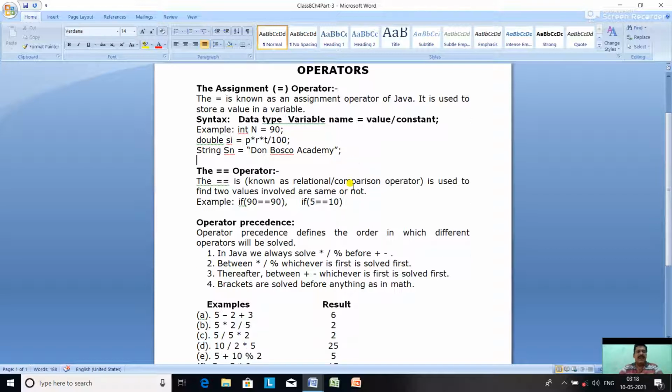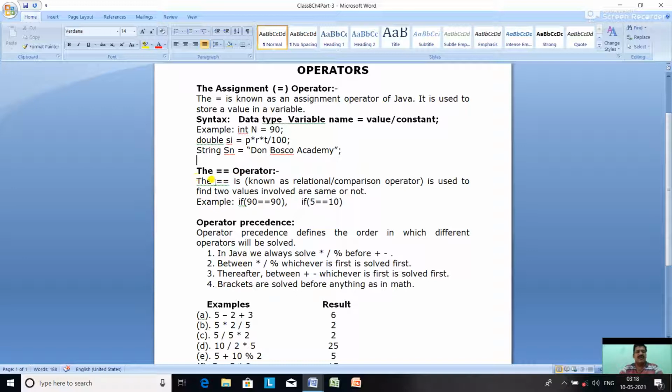Then the next operator is the relational operator. This double equal to sign is called the relational operator. Just now we discussed, it is used to compare two values, whether both the values are the same or not.